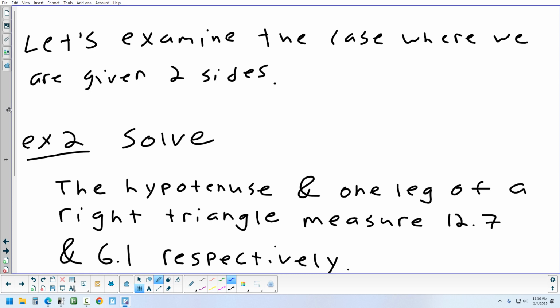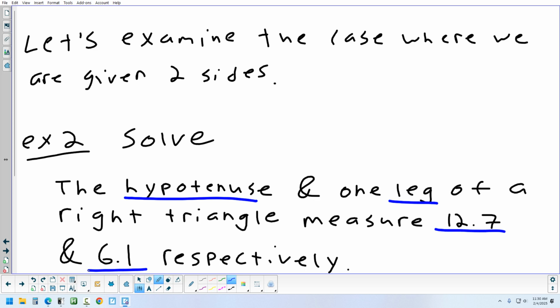It says the hypotenuse and a leg are 12.7 and 6.1. They use the word respectively, which means the information in the problem follows each other. Hypotenuse is first, leg is second.